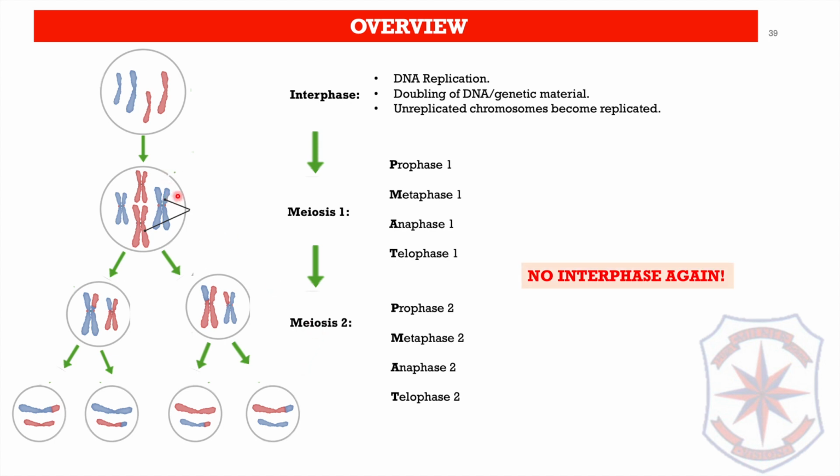We only reduce the number of chromosomes from diploid to haploid in meiosis 1.